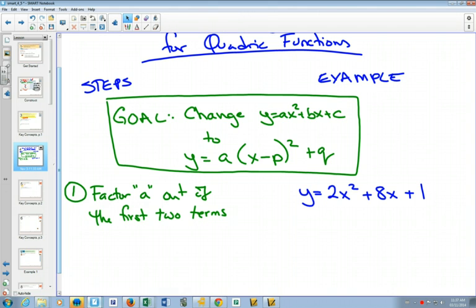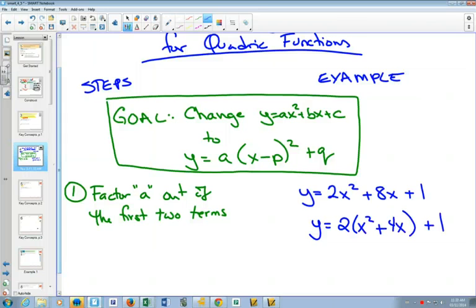So for our example, what that would look like is if I take the a value out of the first two, this is what I would get. 2 out of the 2x squared would leave me with just an x squared. If I factor a 2 out of the 8x, that'll leave me with just a 4. When we completed the square last time, we left spaces in order.